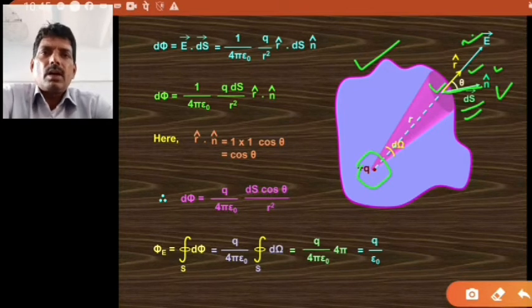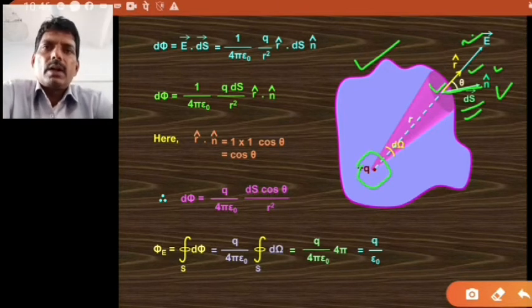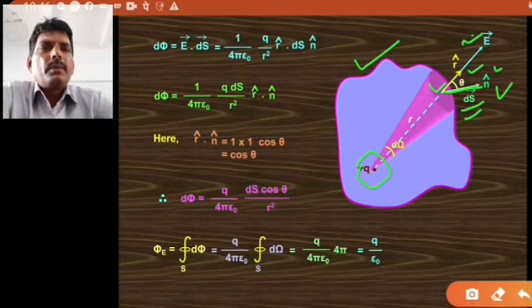That means they are not in the same direction, as we considered in the proof of Gauss law. Both were in the same direction there, but here since you are considering an irregular shape, the area vector may be in a different direction to the electric field, and therefore the area element we have considered here has its direction with the electric field making an angle theta.